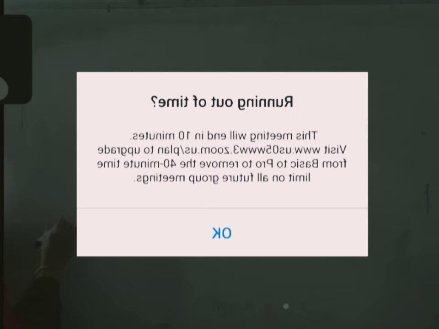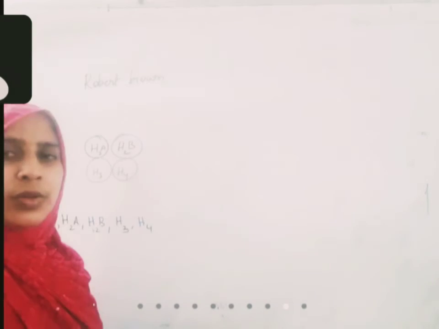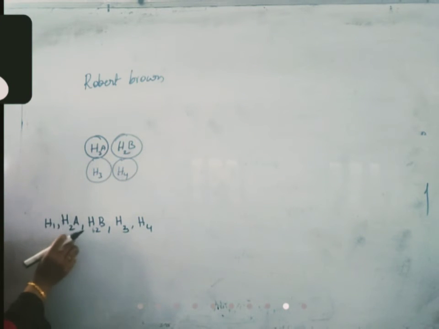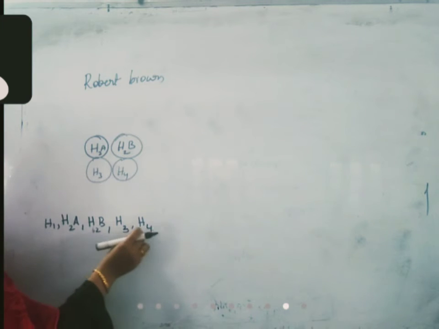Histone proteins are of 5 types: H1, H2A, H2B, H3, H4.